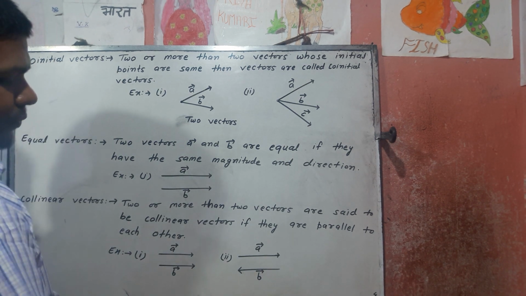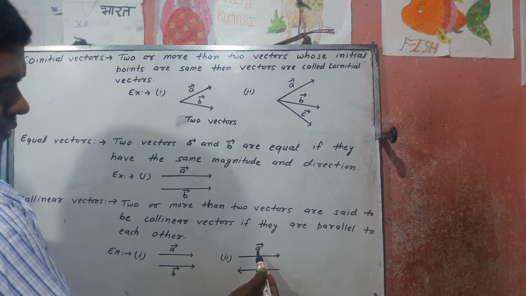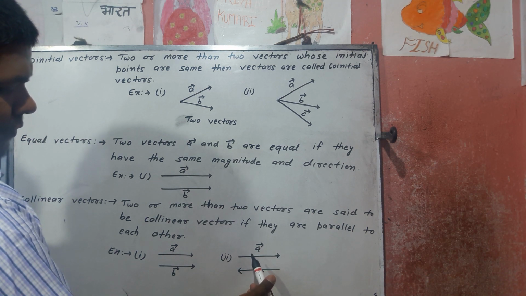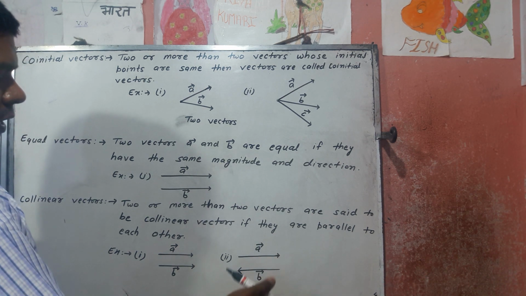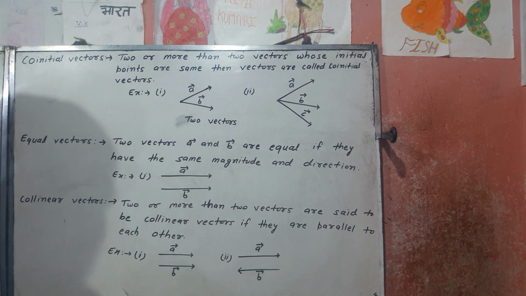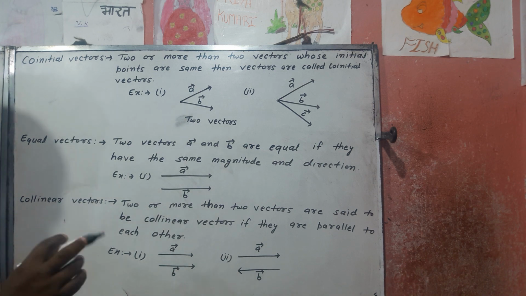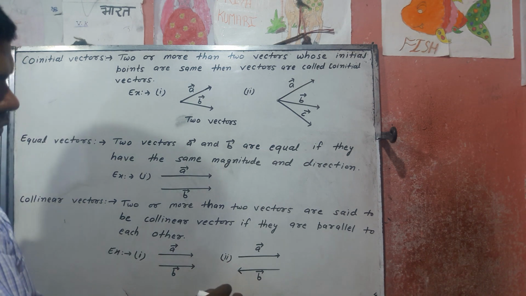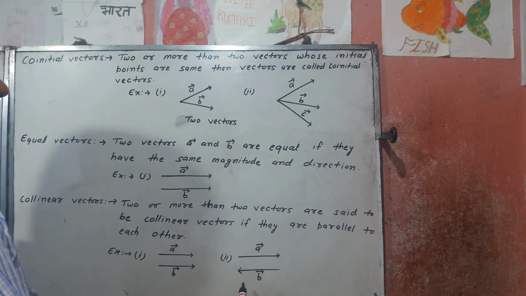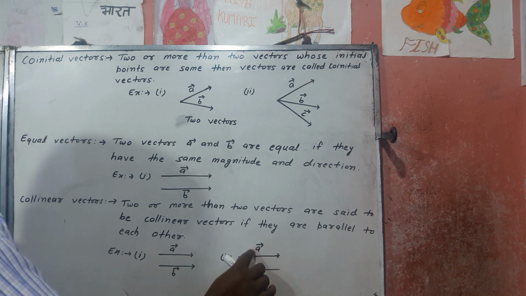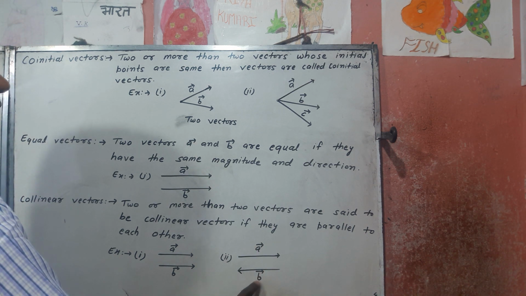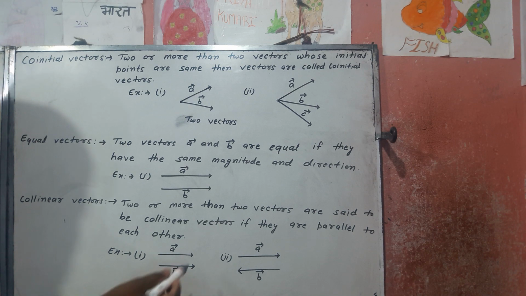In example 2, vector A and vector B are parallel to each other. So, given example of two A vectors and B vectors are collinear vectors.